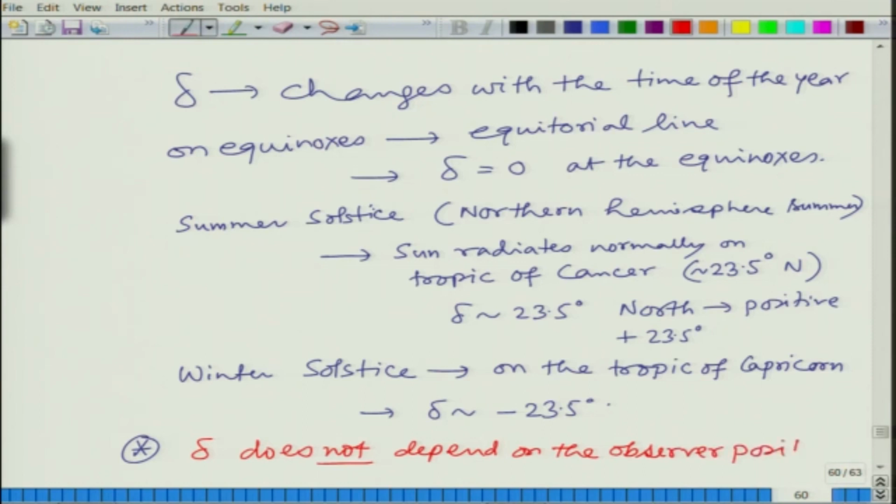This is a critical piece of information, because from now onwards we are going to use many angles, and it is somewhat confusing sometimes which angle depends on what. Some angles depend on the apparent movement of the sun and some angles depend on the observer position.